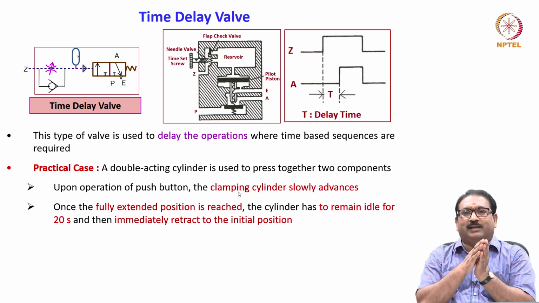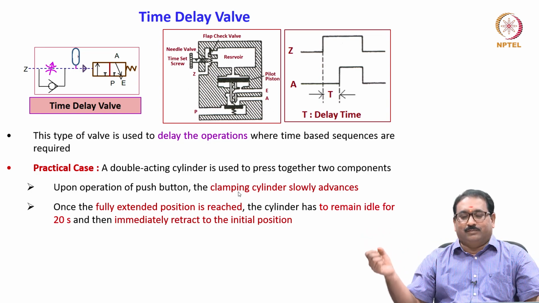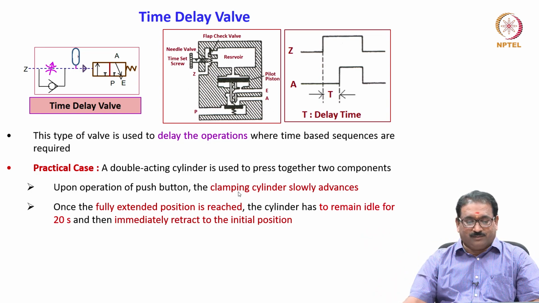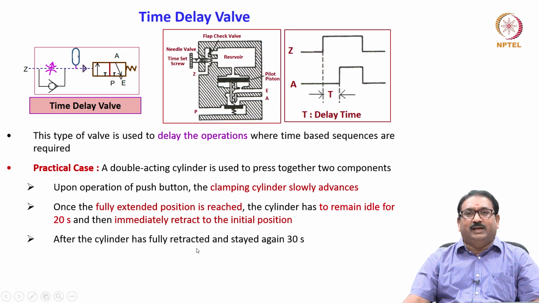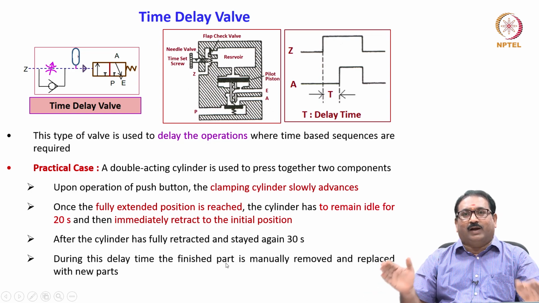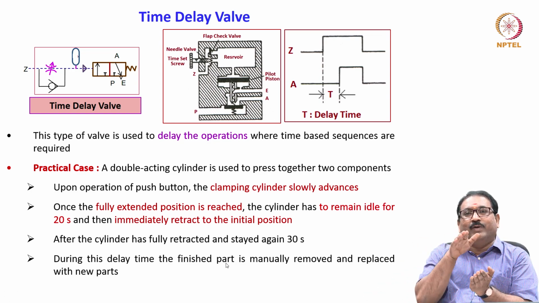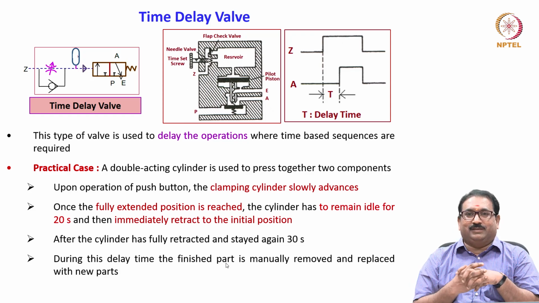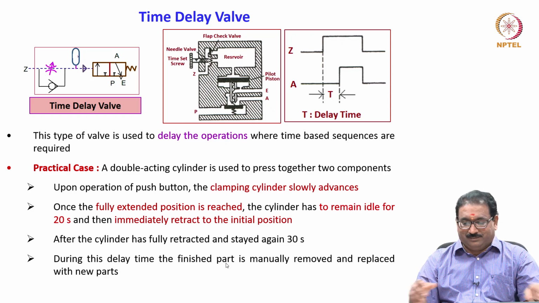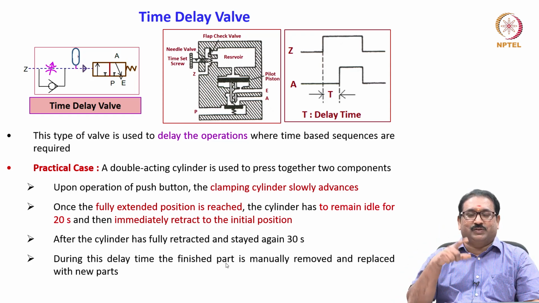After 20 seconds, it immediately moves to the initial position. After the cylinder is fully retracted, it stays for 30 seconds. During this 30 second delay, the component you pressed, you remove from the die and load new parts. This cycle will repeat.